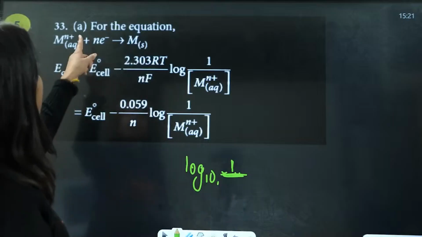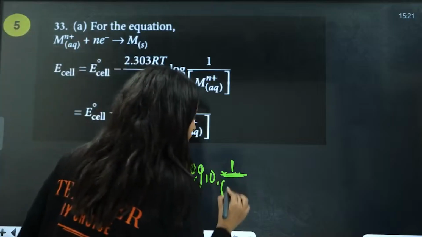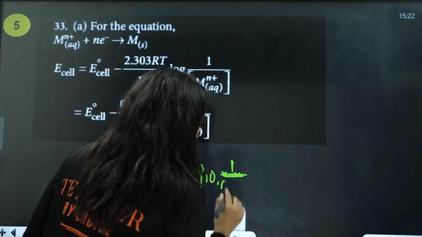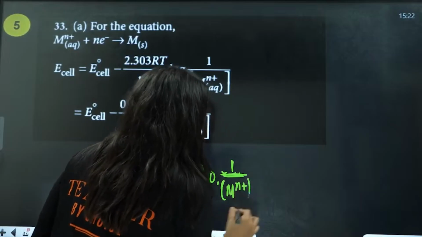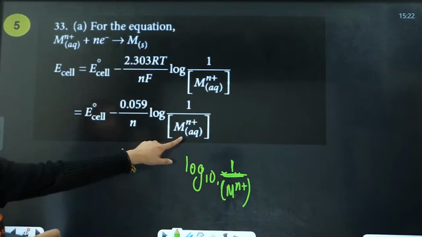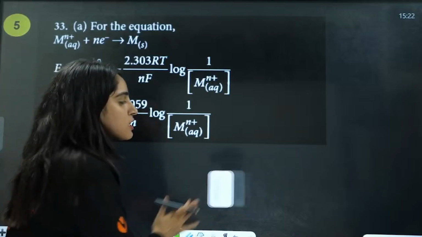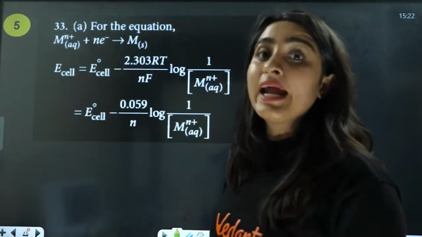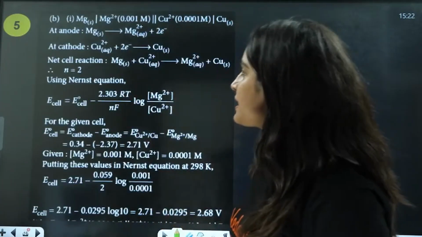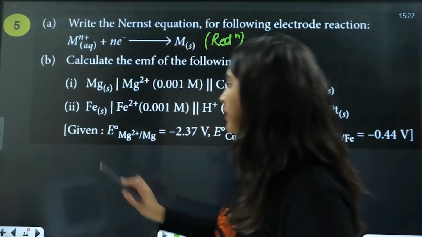Reduction is this one, which is getting reduced, so it will be M n positive concentration. And n is the number of electrons gained here.